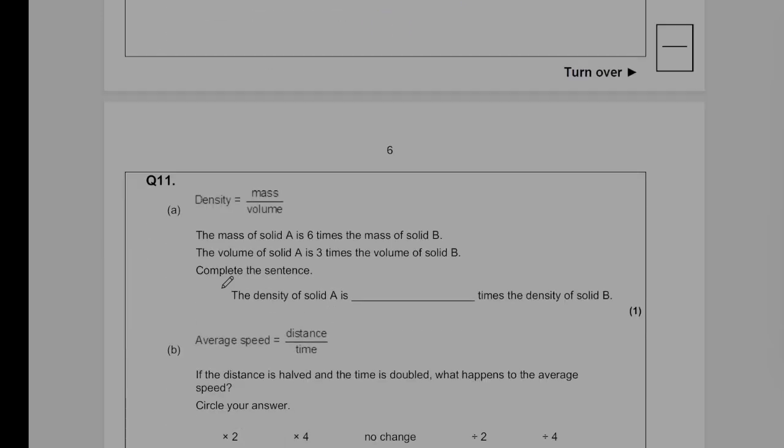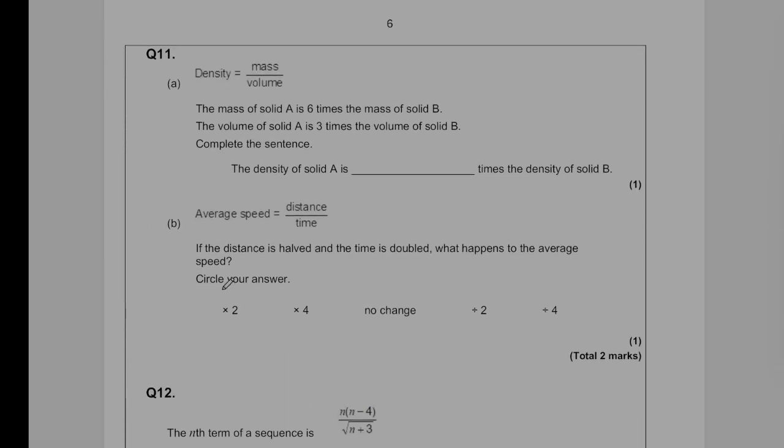Okay, question 11. Density is equal to mass divided by volume. The mass of solid A is 3 times the mass of solid B. The volume of solid A is 3 times the volume of solid B. Complete the sentence. The density of solid A is blank the density of solid B. Okay, so I'm going to call the mass X and Y just to help me out here.